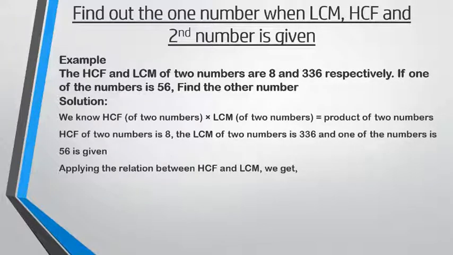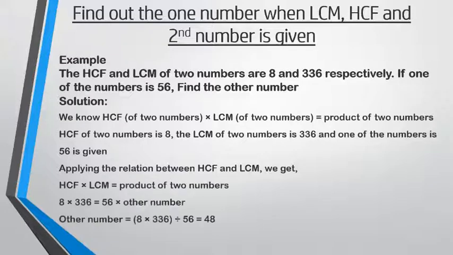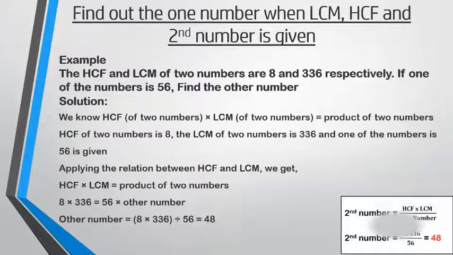Applying the relationship between HCF and LCM, 8 into 336 is equal to 56 into the other number. To find the other number, first we multiply 8 into 336 in brackets and then divide it by 56. We get 48 as the answer. Therefore, the other number is 48.